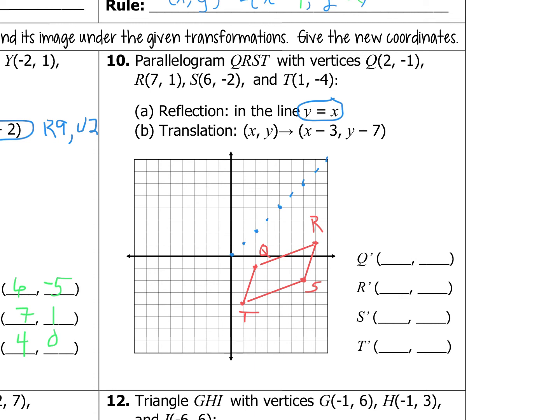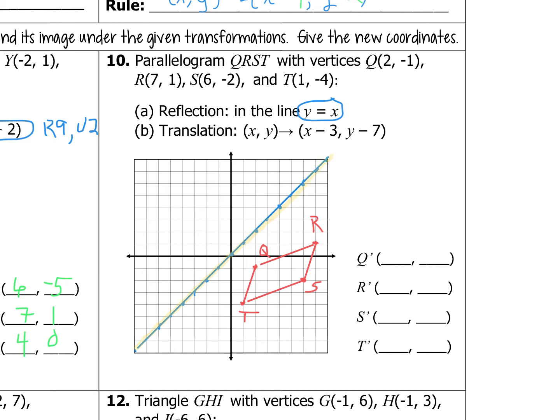Or we can go down 1 to the left 1, down 1 to the left 1, all the way across the graph. So then I'm going to connect that with a straight line, and I'm going to highlight that. So that's what we're reflecting over.